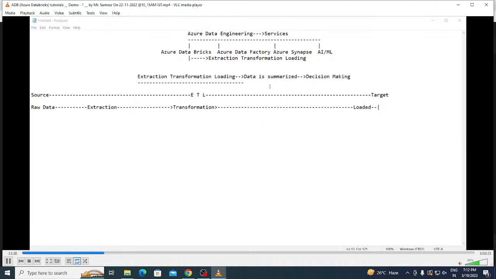Now tell me, what is the form of vegetables now? It's raw form. Yes, exactly. Very good. So the vegetables are in the raw form. Now you have to eat those vegetables.